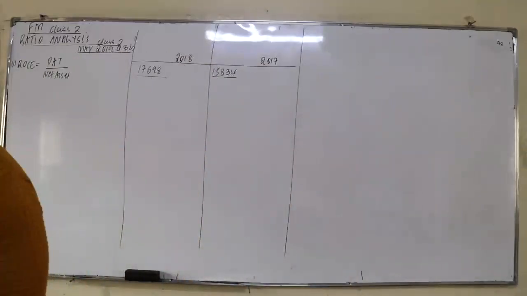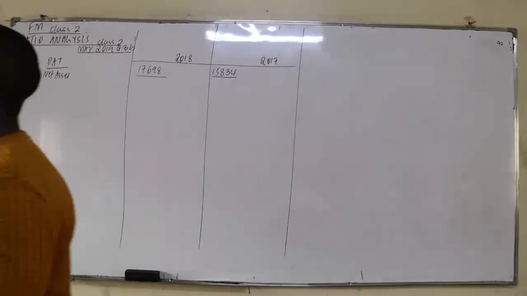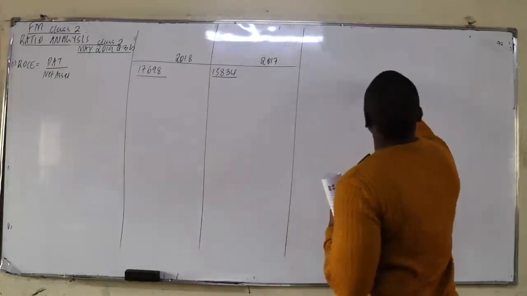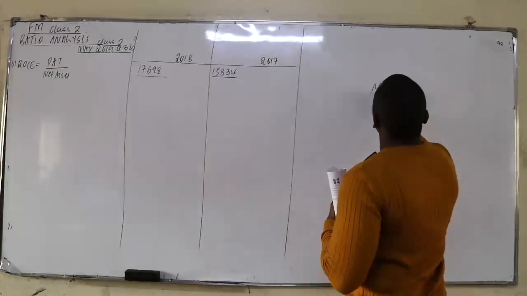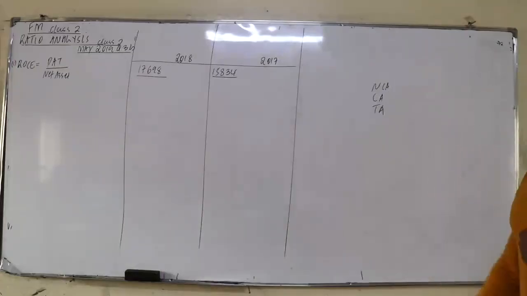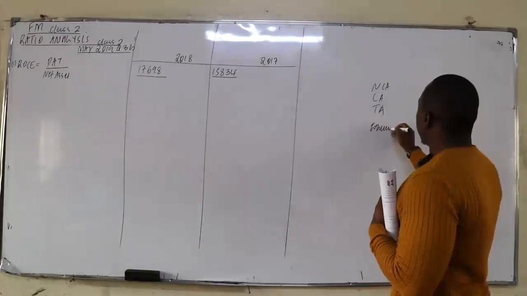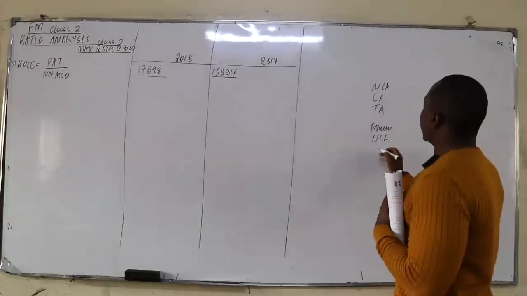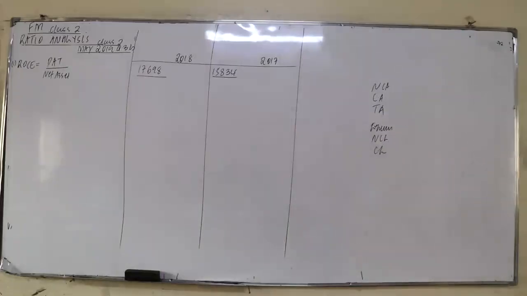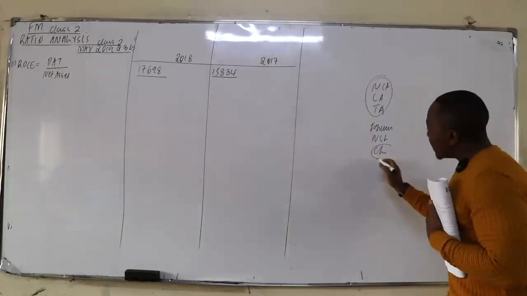On the balance sheet, we have non-current asset and current asset, so that we get the total asset, which must balance with equity and liability. For equity and liability, we have equity, then non-current liability, and the current liability. So to get the net asset, we take the total assets minus the current liability.